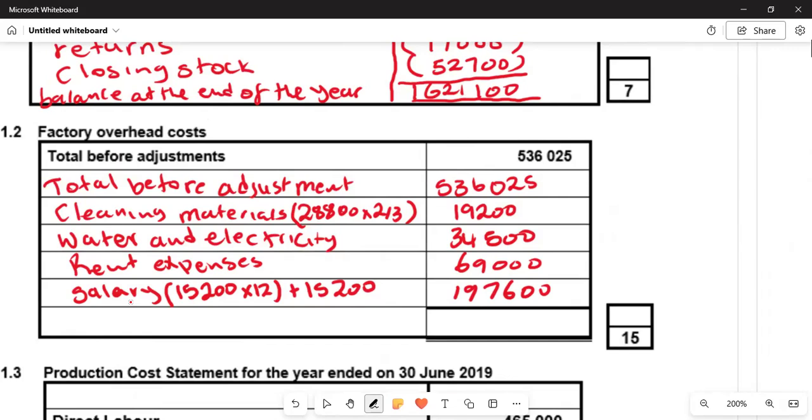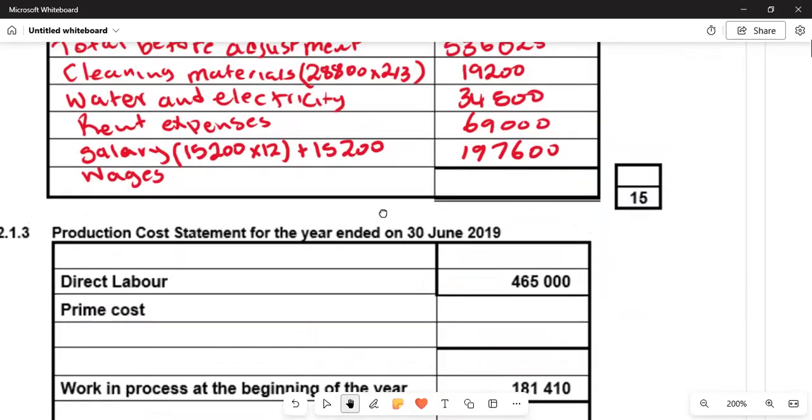Also, we have what we call wages, the wages that we're told about for the fabrics. Under wages, we are going to calculate the wages for our cleaning staff.